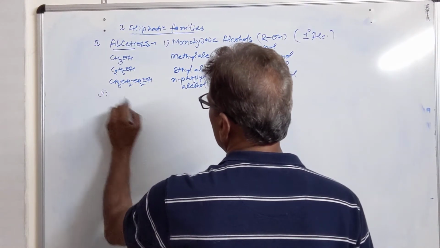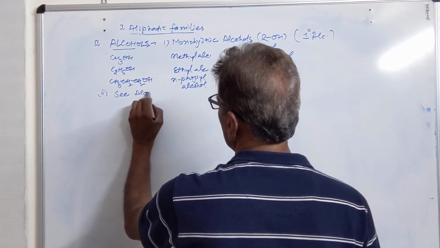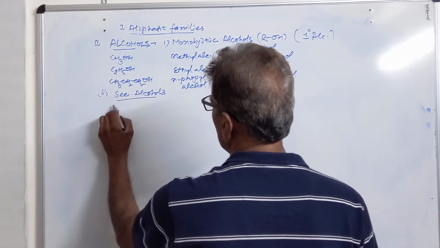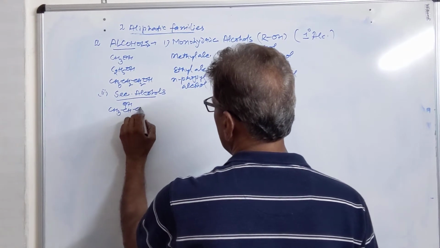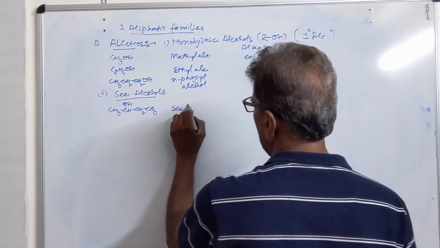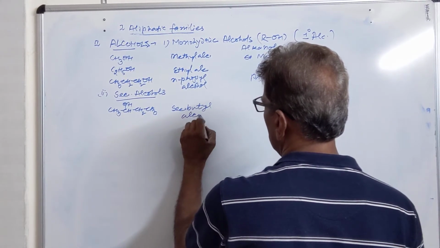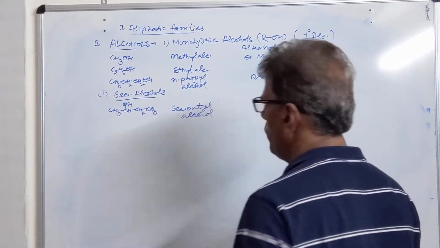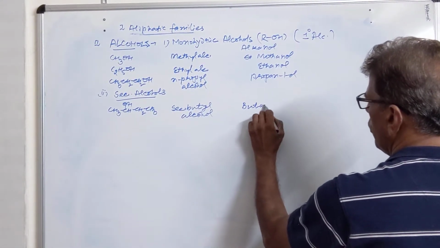Then we have secondary alcohols, which have OH on the secondary carbon: CH3CH(OH)CH2CH3. This is secondary butyl alcohol. IUPAC name butan-2-ol.